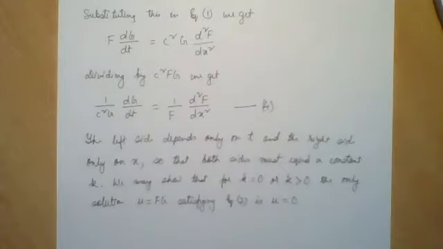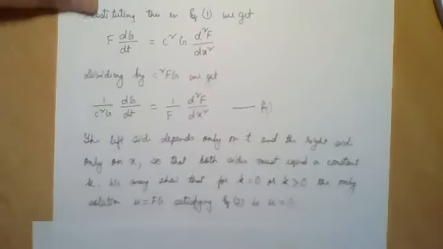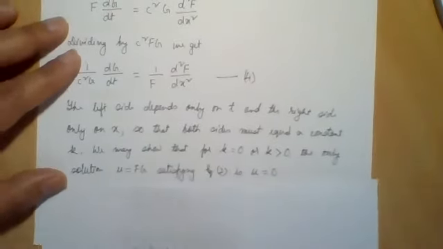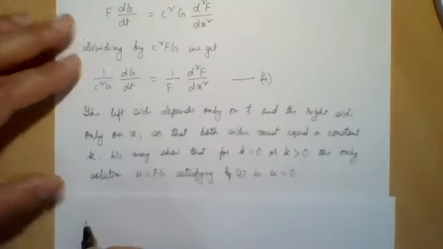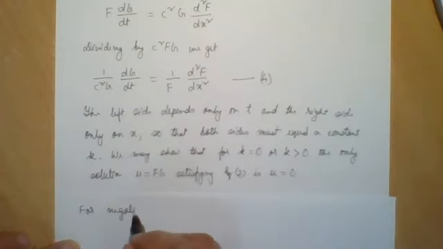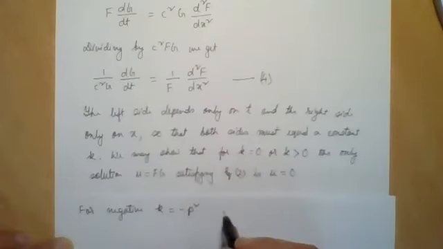So let me write it on a new sheet of paper. For negative k, we can write it as minus p square, where p is any number which can be positive or negative.